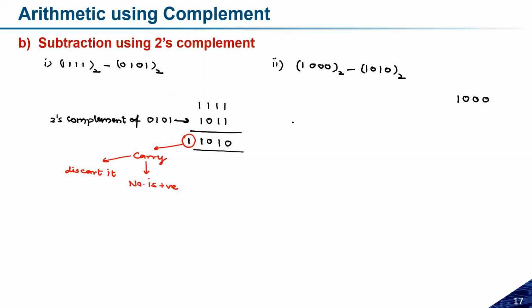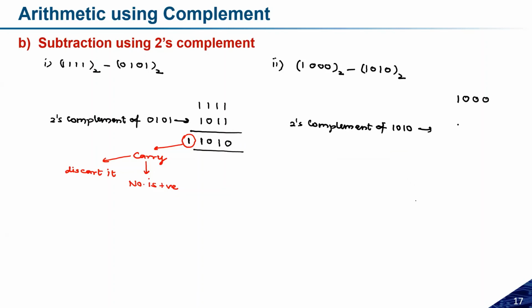Then I have to calculate the 2's complement of 1 0 1 0. The 1's complement will be 0 1 0 1, and then if I add 1, it becomes 0 1 1 0. So this is the 2's complement of 1 0 1 0.